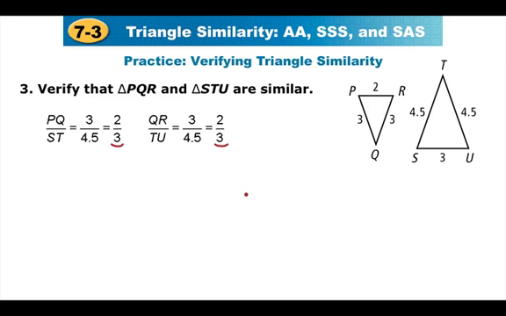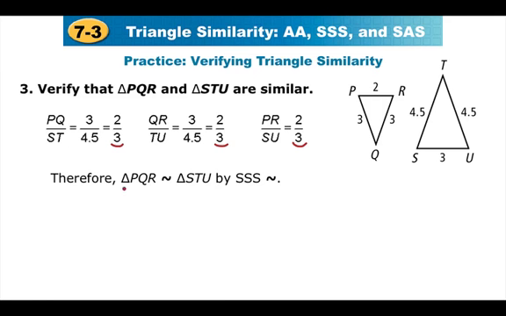At this point, go with the last corresponding sides. PR corresponds to SU, and is also equal to 2/3. So now we can say that triangle PQR is similar to triangle STU by the side, side, side similarity theorem.